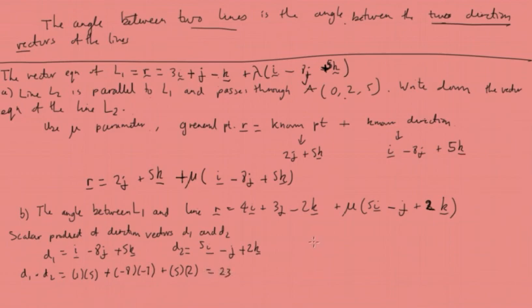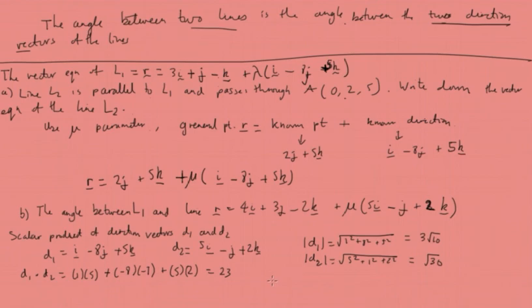Then the magnitude of D1 is 1 squared plus 8 squared plus 5 squared, which is going to be 3 root 10, and the magnitude of D2 is 5 squared plus 1 squared plus 2 squared, which comes out root 30.